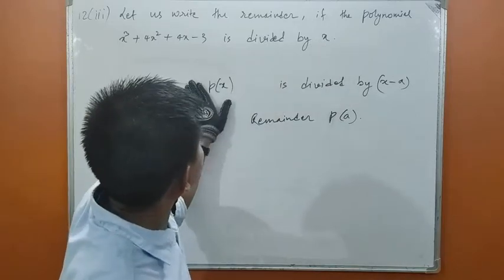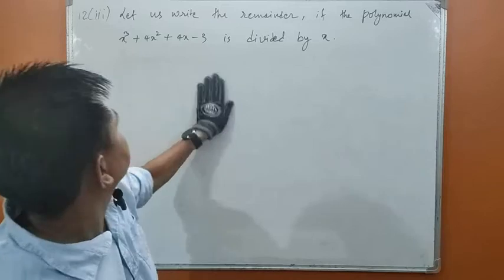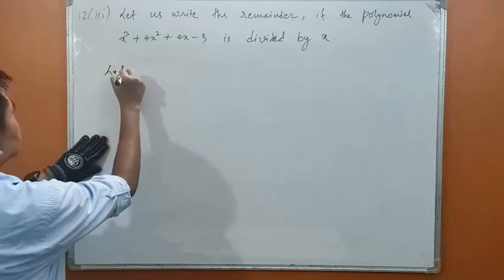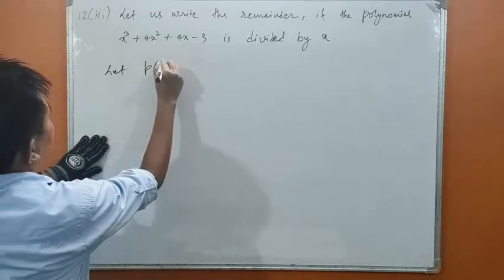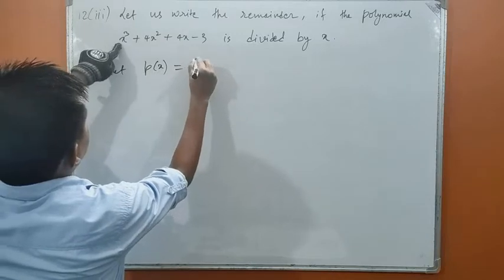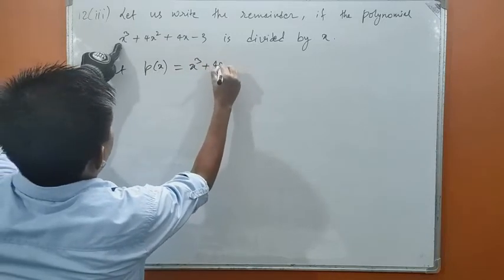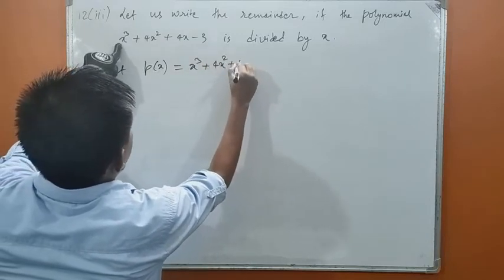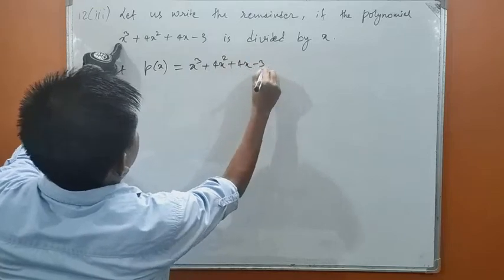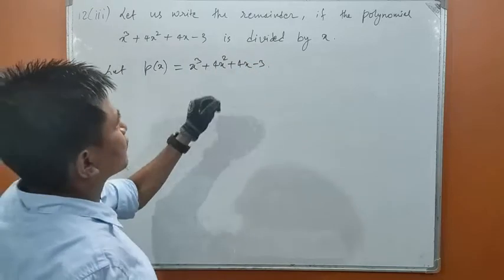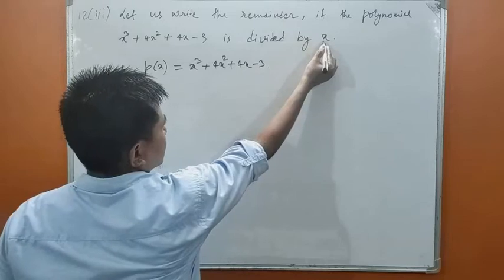So let p of x or f of x equal x cubed plus 4x squared plus 4x minus 3. And this is divided by x, isn't it?